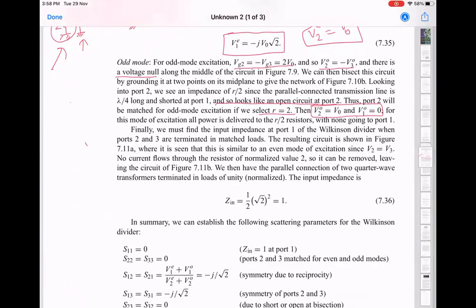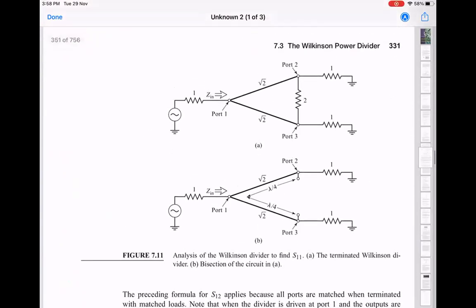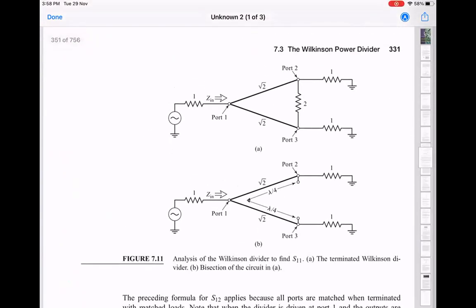Okay, so we now have to look at the matching of port 1. So that brings us to this equivalent circuit now. Here the values have all been put. Remember that now the input is not split into 2. We are now looking at just the regular port 1. So it has a normalized impedance of 1, which is basically 50 ohms.